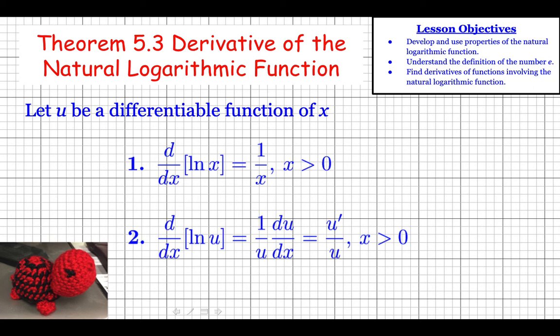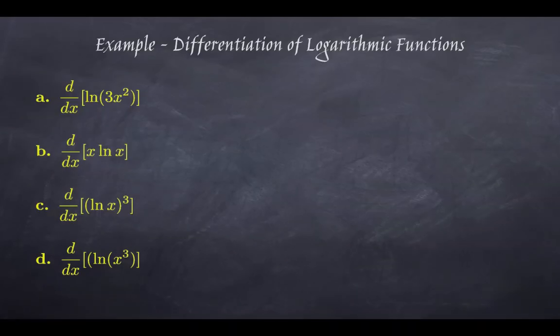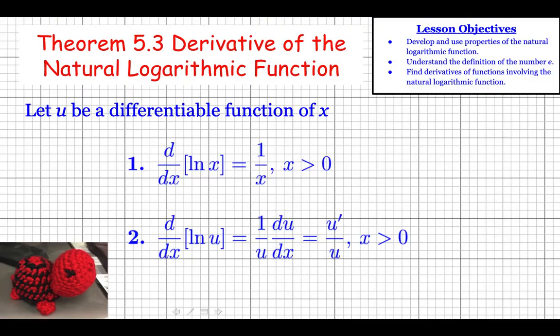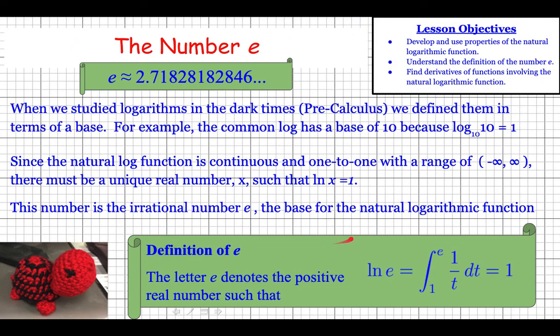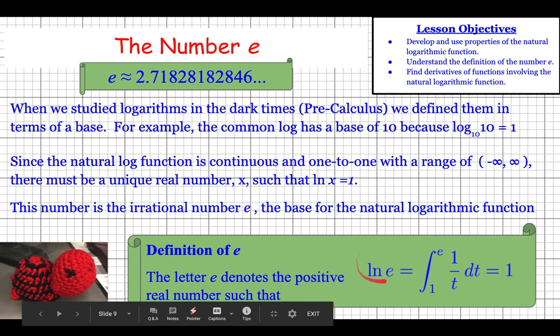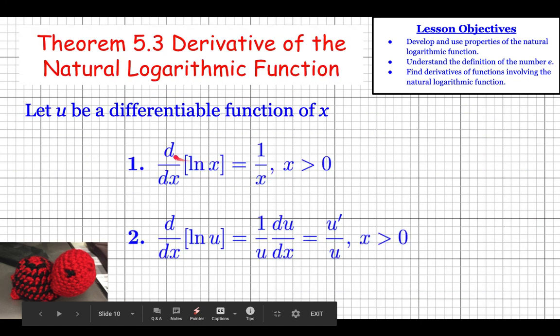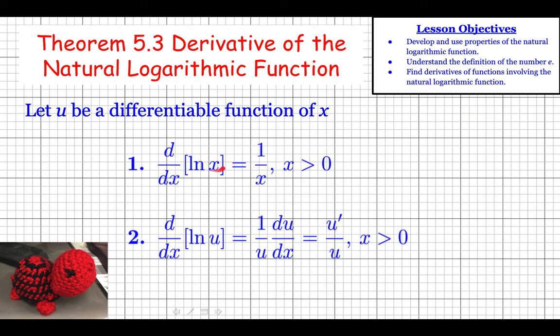But the sweet thing is, if the natural log of E is this integral of 1 over t dt, then if we're going to take the derivative of the natural log, and derivatives and integrals are inverses of each other, the derivative of the natural log of x is going to give us that 1 over x, because that's what we were taking the integral of.